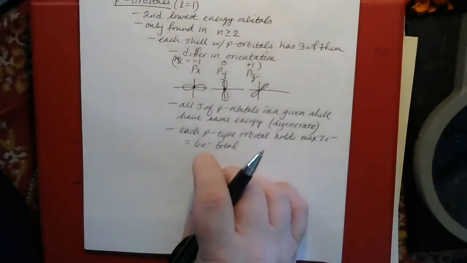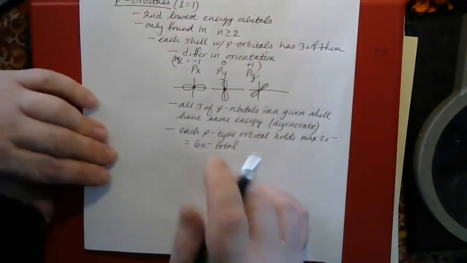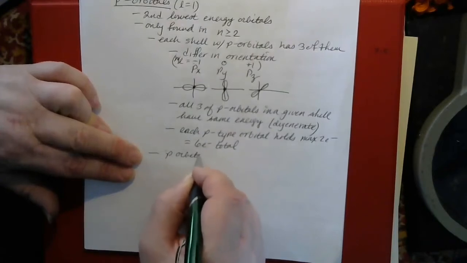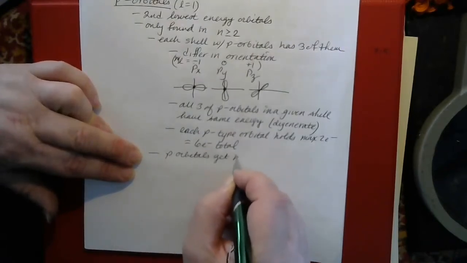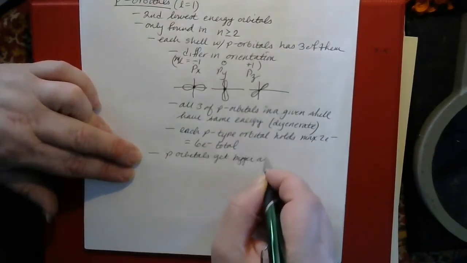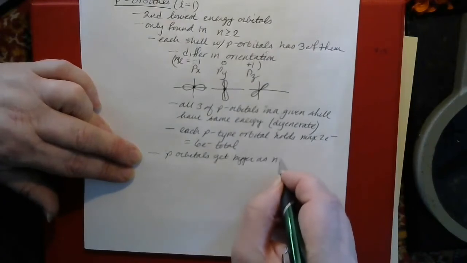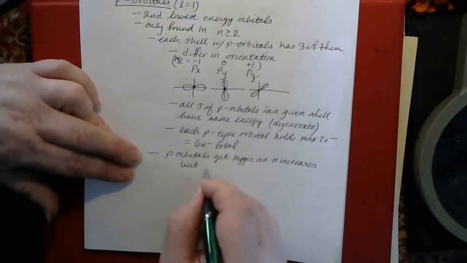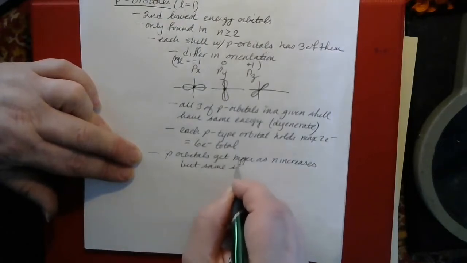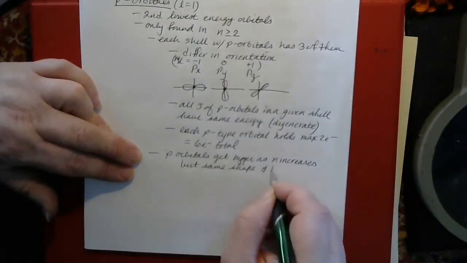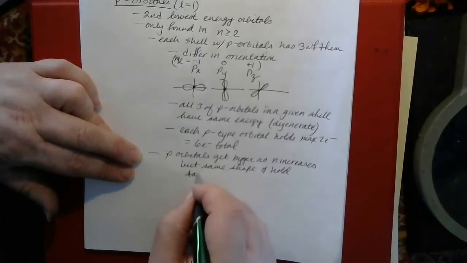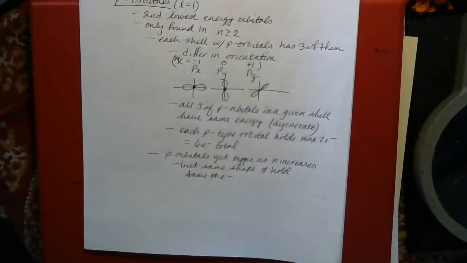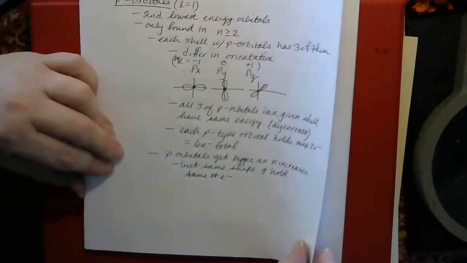But they're the same shape. And they hold the same number of electrons. Okay, so even though they're getting bigger, they can still accommodate the same number of electrons.